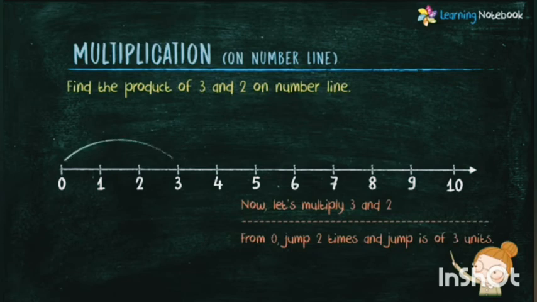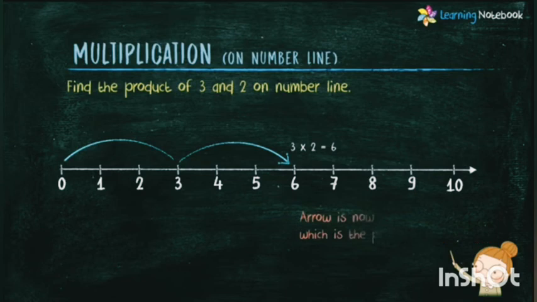From 0 jump 2 times and each jump is 3 units. It means the first jump will be from 0 to 3 and the second jump will be from 3 to 6. Therefore, the product of 3 and 2 is 6. You can also jump 3 times, where each jump is 2 units. You will get the same answer, 6. So students, this is how we do multiplication on the number line.